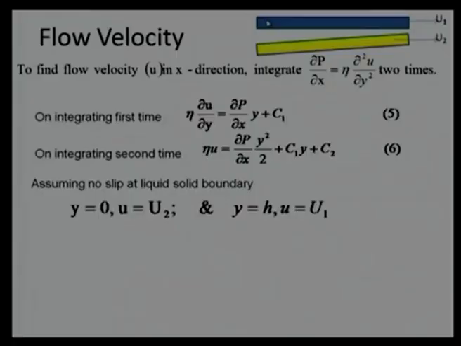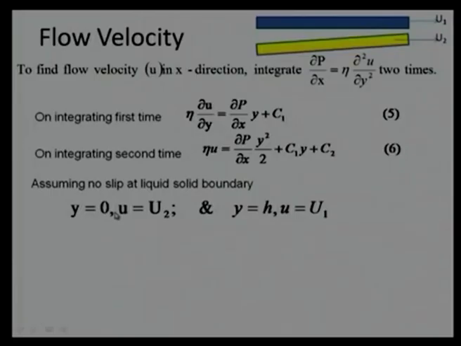What are the boundary conditions given to us? We say the top plate has a velocity u 1, the yellow plate has a velocity u 2. In the earlier diagram we showed a u a, that was a relative velocity, that means u 1 minus u 2. We are assuming over here that there is a slight tilt, and our coordinate system is also inclined along with this plate.